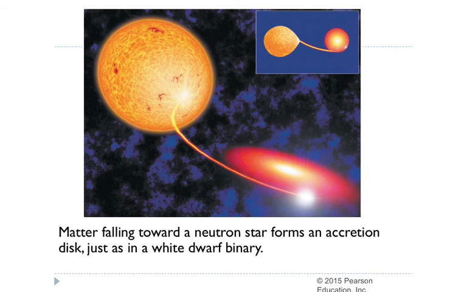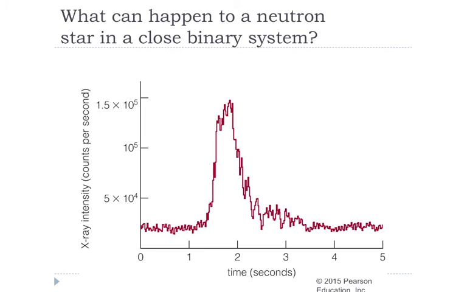And so similarly, we see that neutron stars could also form accretion disks, just as white dwarf binaries. So they're able to collect material as well. And so what happens with these neutron star systems? Well, we see that they have these large X-ray intensities, these kind of big gamma bursts.